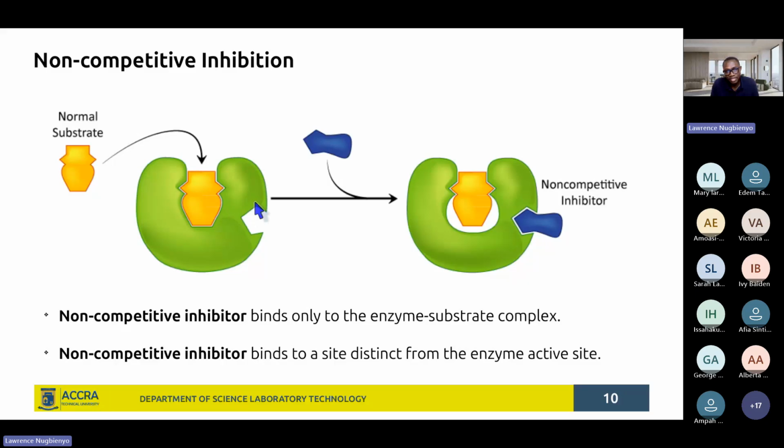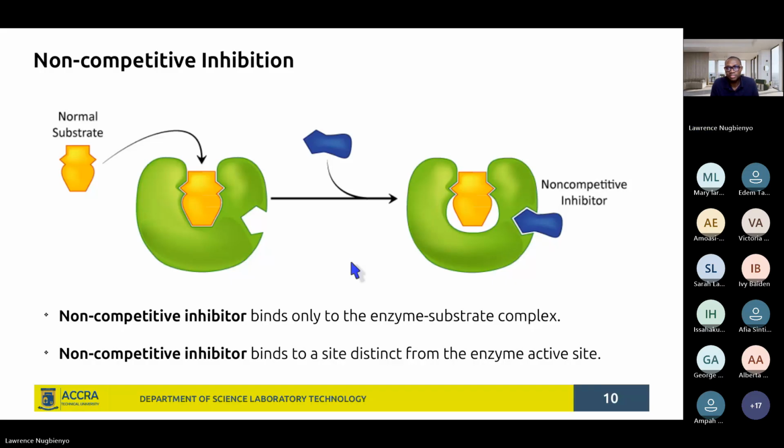And the binding of the inhibitor to the enzyme substrate complex prevents that enzyme substrate complex from proceeding in a reaction, getting to the transition state and getting converted into a product.